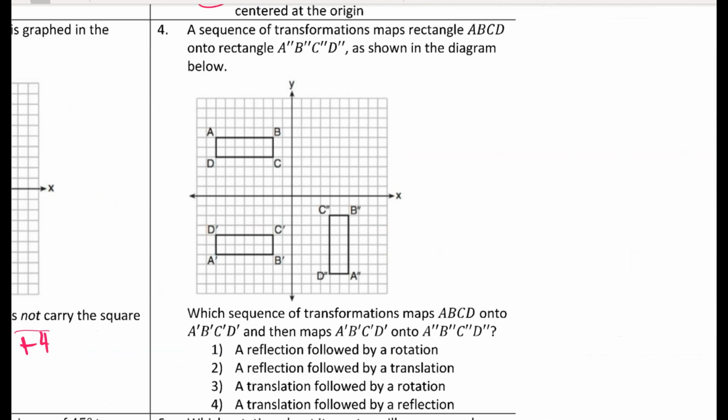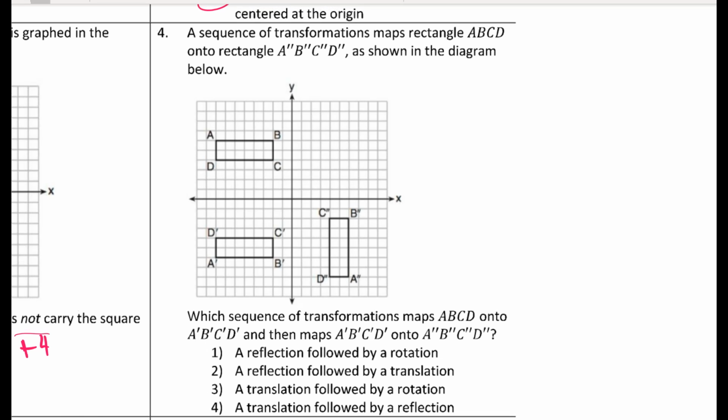For number 4, a sequence of transformations maps rectangle ABCD onto rectangle A double prime, B double prime, C double prime, D double prime, as shown below. And it asks which sequence of transformations is going on here that maps this to this and then this to this. Well, remember that the corresponding vertices need to match up.